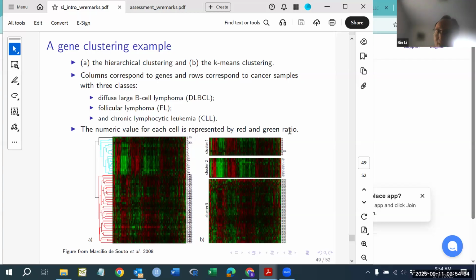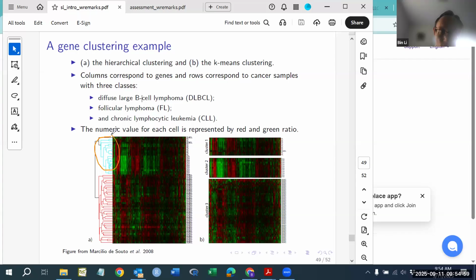When it's red, that means it's above the average. When it's green, it means it's below the average. When it's dark, that means it's close to the average. Okay, so you can see here we have some groupings, and we will talk about this in detail when we reach the clustering analysis.